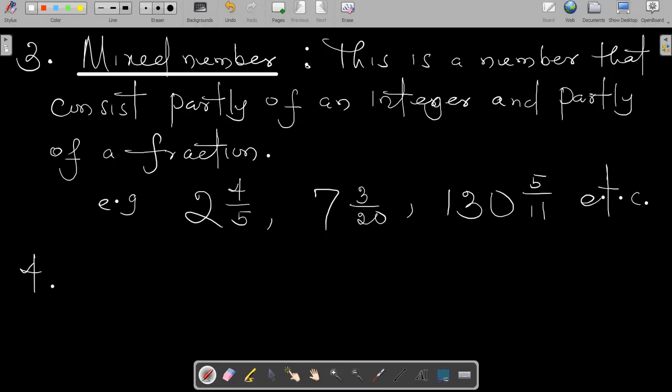Okay, the fourth one we call a negative fraction. From the words negative fraction, it means a fraction that has a negative value.